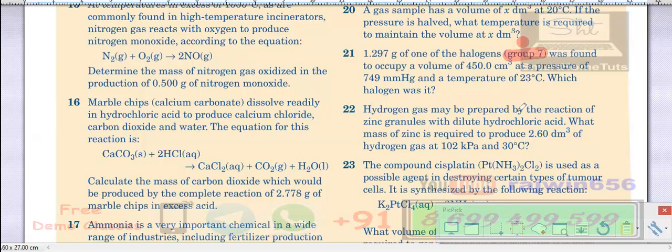So this part you have to realize and make it out. Even for other molecular masses also, for example, phosphorus may be P4. So in that case, you'll have to work that out. The number of atoms may be different.